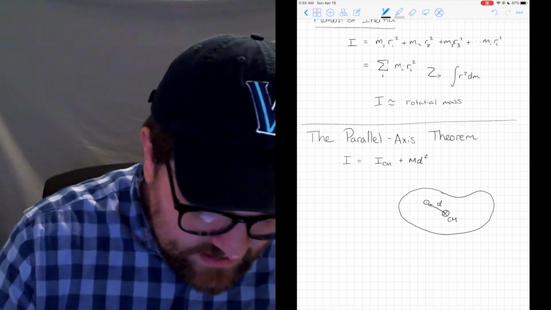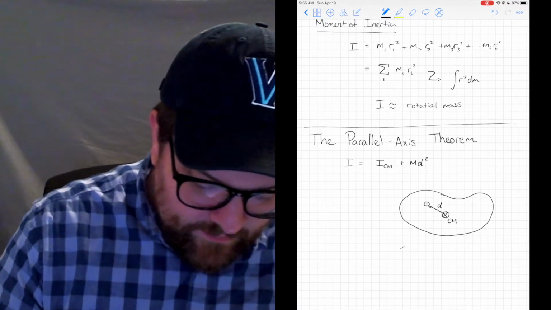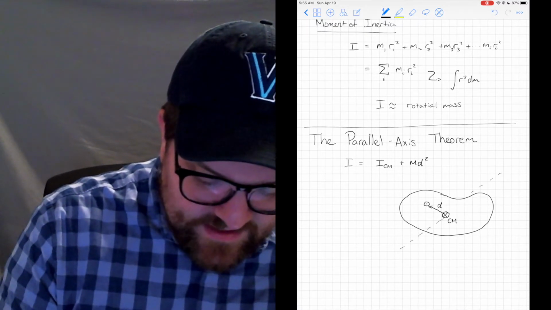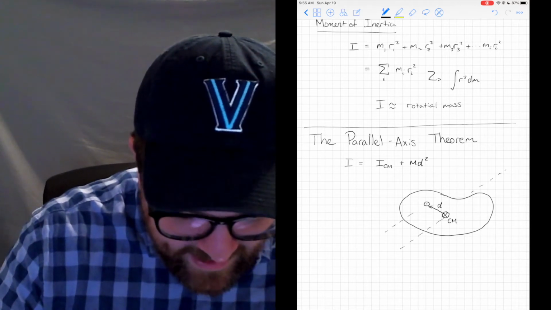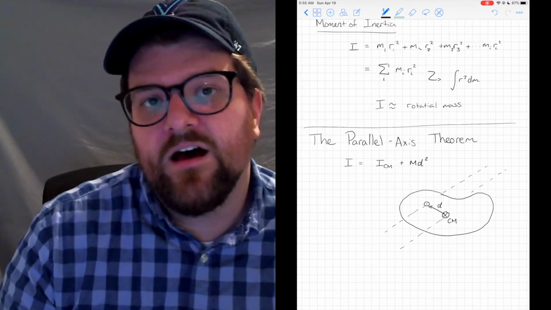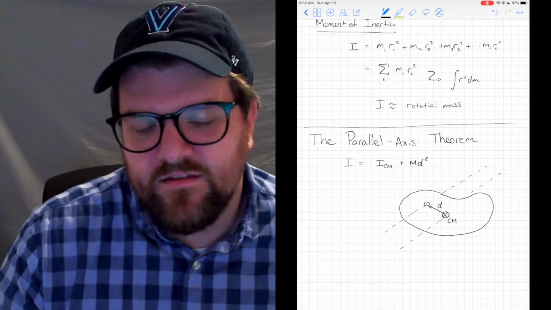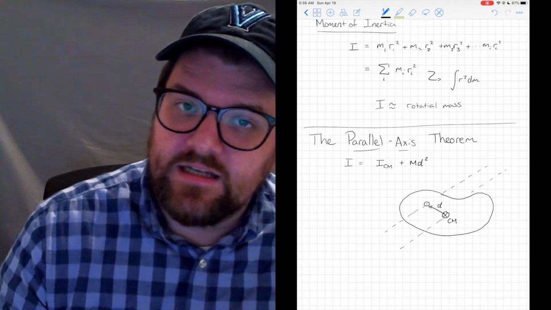And again, just to illustrate why we're calling this the parallel axis theorem, if we think about rotating it around this axis through the center of mass, the axis around our pivot point now is parallel to the axis through the center of mass. So parallel axis, right?